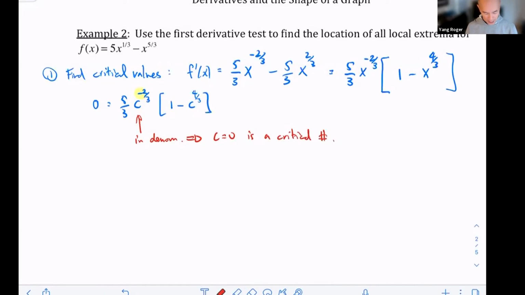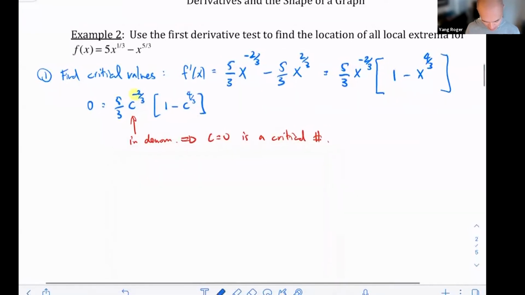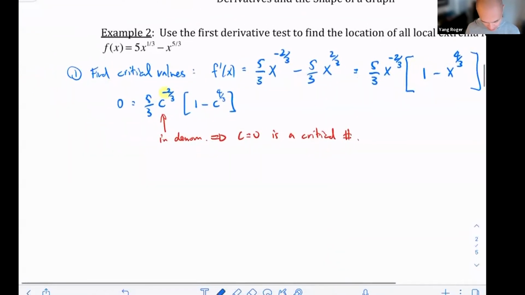For the next factor, we need to check where the other term is going to be 0. Let's talk about the next term. So now we also want to set 1 minus c to the 4/3 power equal to 0.